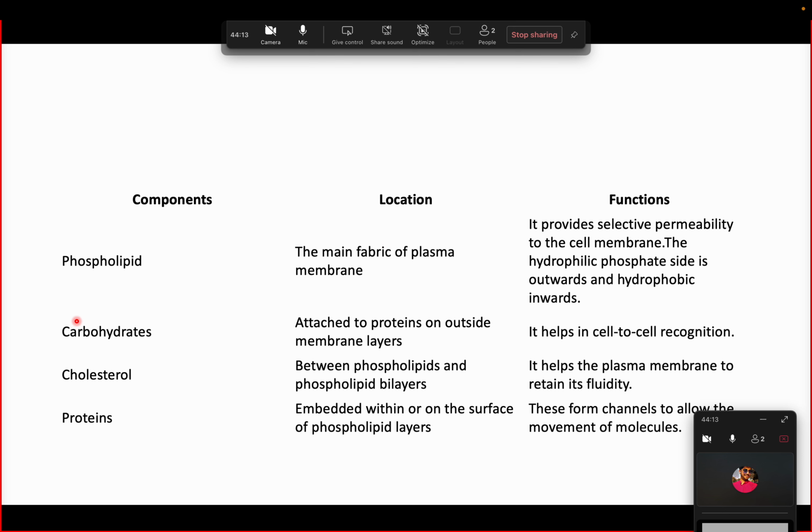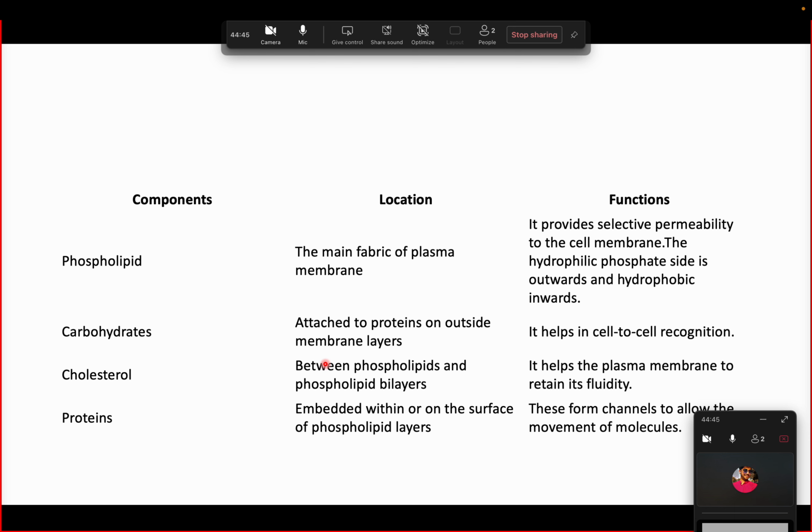Okay, carbohydrates, as you have seen in the video as well as in the representative structures of a membrane, are only present on the outside of a membrane, and they help in providing the identity to the cell itself. For example, your blood group, your type of cell, whether it is a CD4 type of cell or a CD8 type of cell. All these CD markers of a cell are, at the end of the day, the carbohydrates or the proteins which are associated with the outside of a cell.